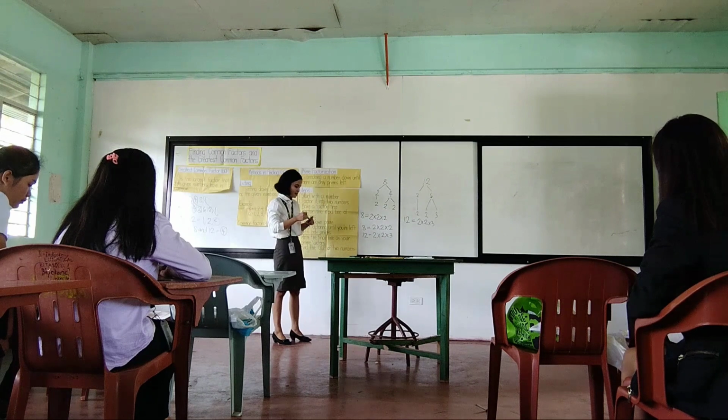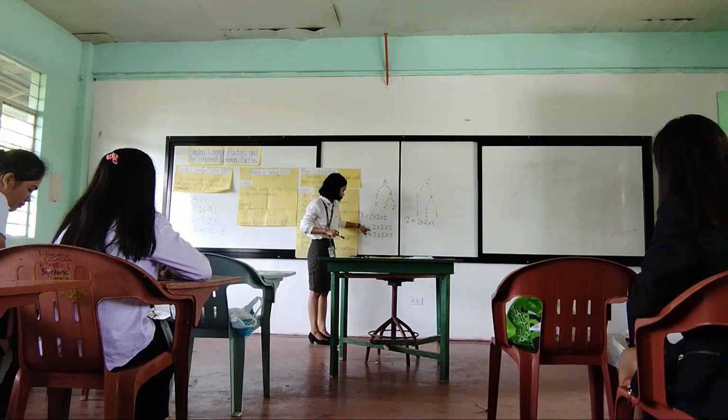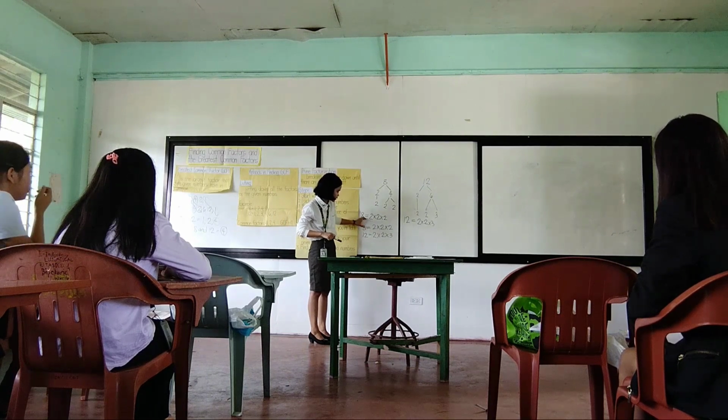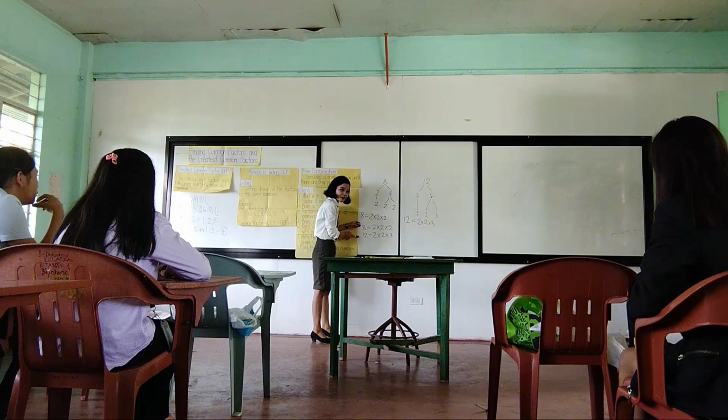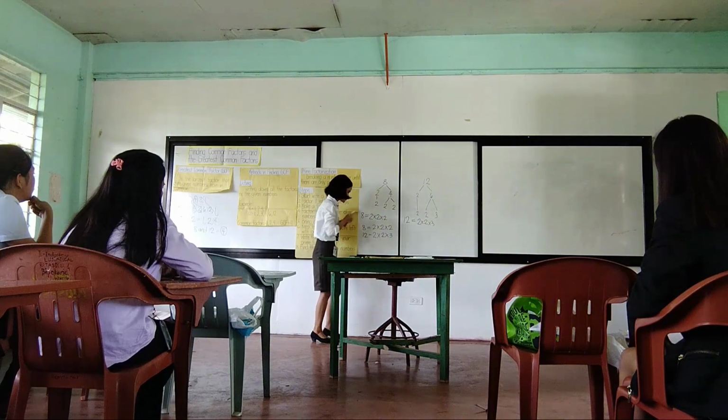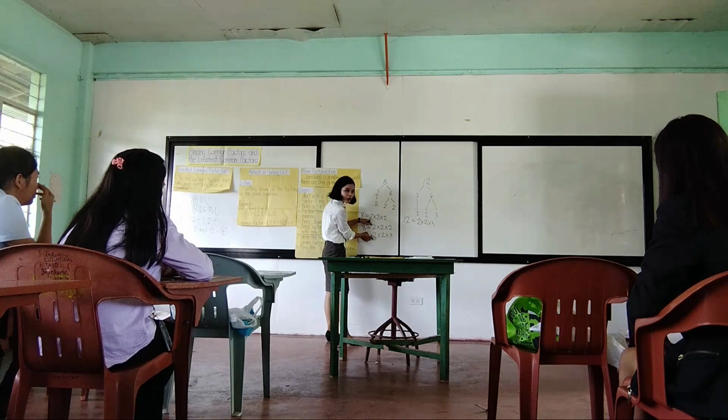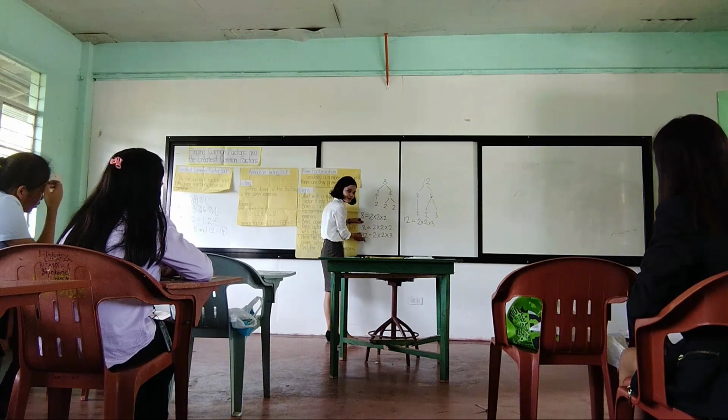Okay, let's find their common prime factors. To find their common prime factors, we will look for a factor that both lists have in common. Okay, so 2 and 2. So 2 is common to both lists. So 2 is their prime factor.